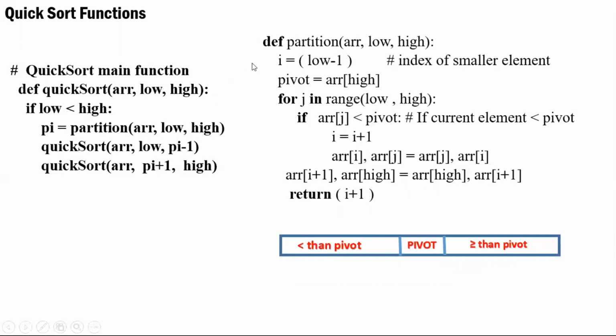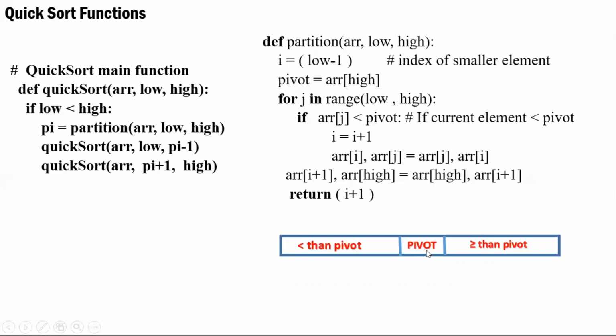We call the partition function, passing to it the array or sub-array with the low and high indices. After returning from this function, I will show you later, in pi we will have the index of the pivot.